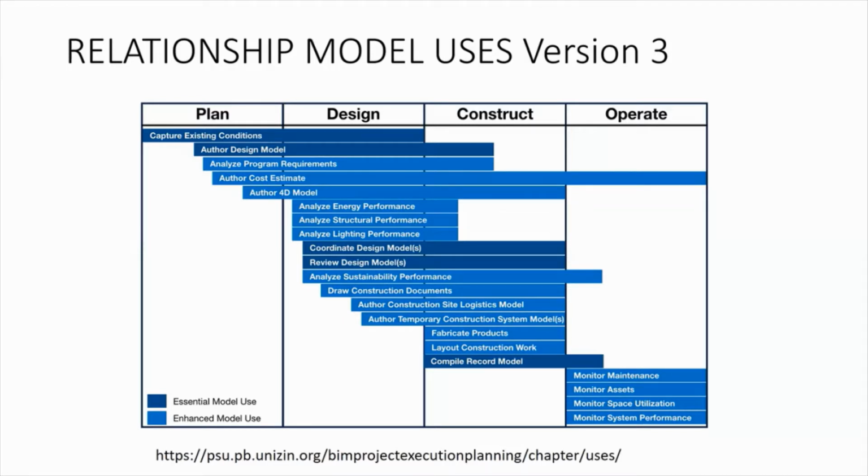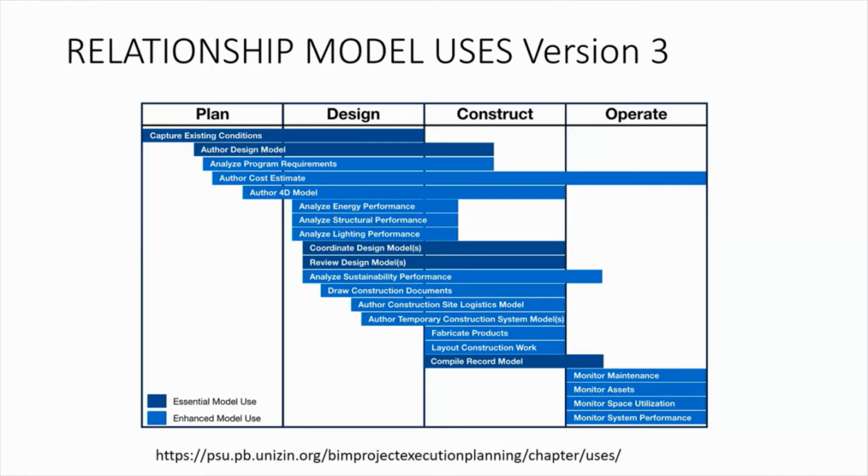It means that the person doing this model use, someone has to carry it over. So if you have a traditional design where someone is doing coordination during design, there is some group of people that will still do the same coordination during construction.